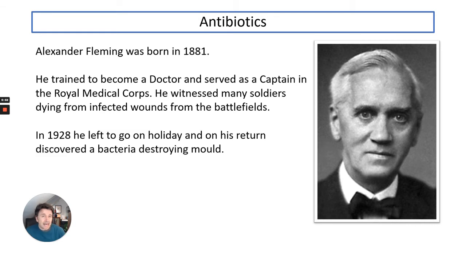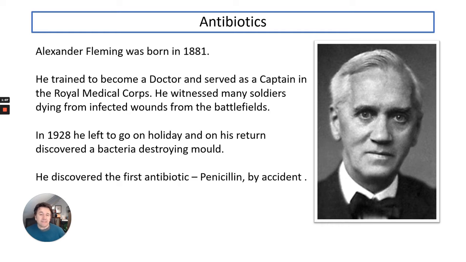In 1928 he was researching different medical practices, and he was interested in antiseptics, and he went away on holiday, and on his return he discovered a bacteria destroying mold. He named that penicillin, and it was the first antibiotic discovered at the time.